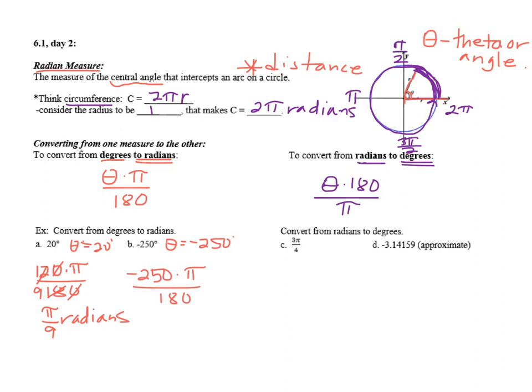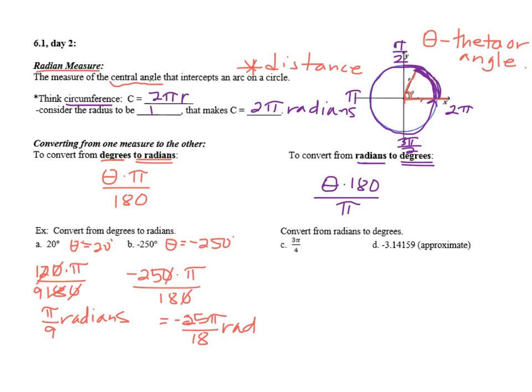We can divide top and bottom by 10 again, and now we end up with negative 25 pi over 18. That doesn't reduce any further, therefore this will equal negative 25 pi over 18 radians. Call it rad for short.